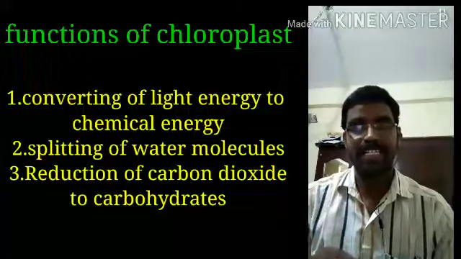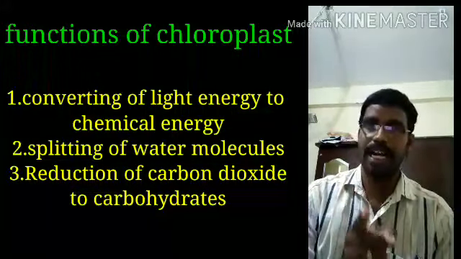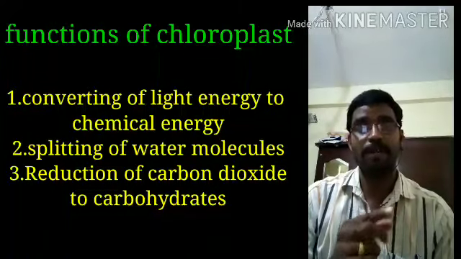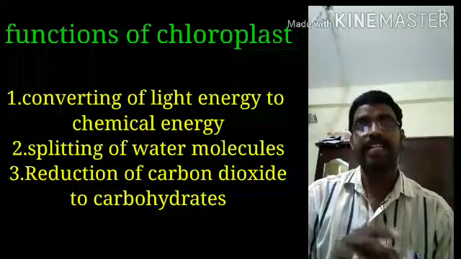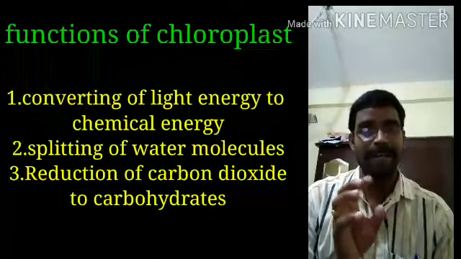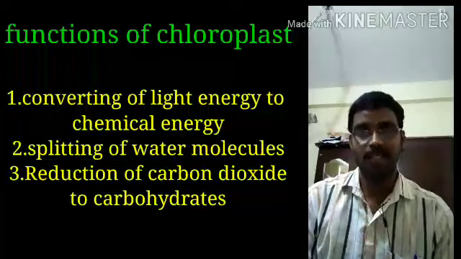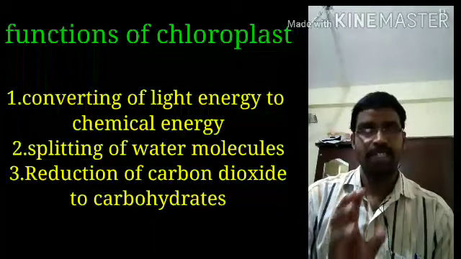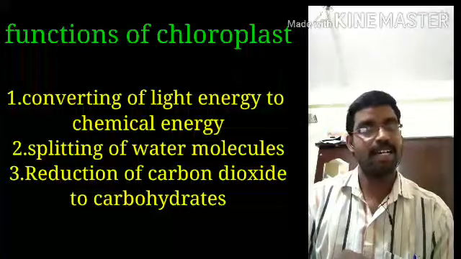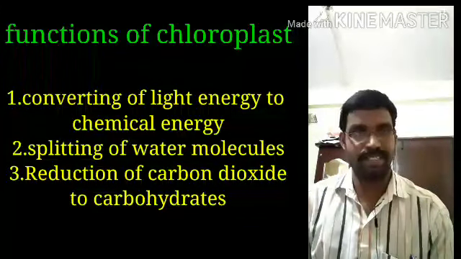In chloroplast structure, we see mainly two parts: one is granum, one is stroma. The granum, formed from the third layer of the chloroplast, is responsible for the light reactions. And the colorless fluid present in the chloroplast is called the stroma. The stroma is important for the enzyme reactions, also called dark reactions.